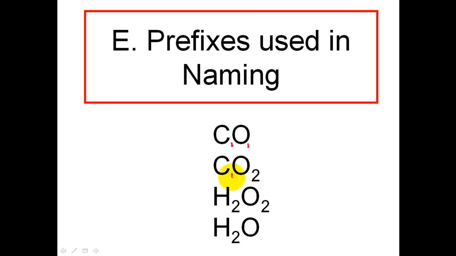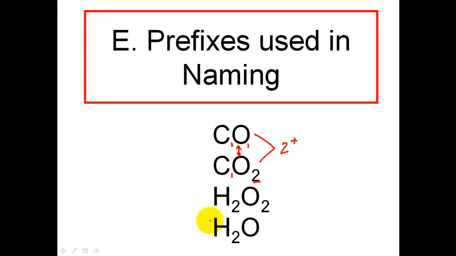And this would also be C1O2. That would still be carbon oxide. But the point is, in covalent bonds, I can have more than one combination. As you see here, I have at least two, and I can have more than two combinations of the same elements. So I can't just name this carbon oxide anymore. I have to actually name it now carbon monoxide or carbon dioxide to differentiate between these two.